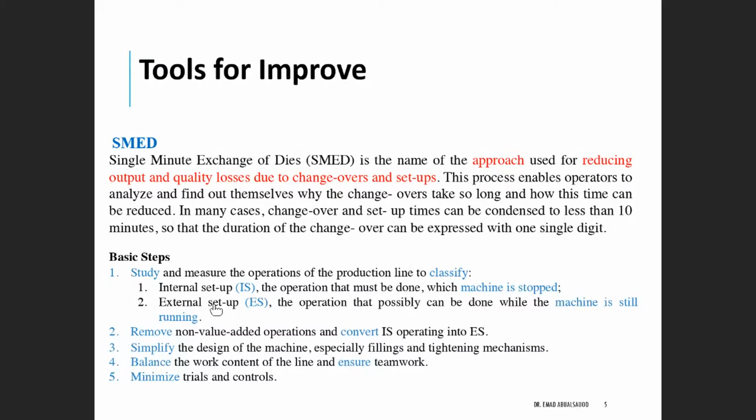So you cannot operate during that time while you are doing this setup, and they call it the internal setup. And there is the external setup, which is changes or setups that can still be done while the machine, or for example the software or website, is operating.